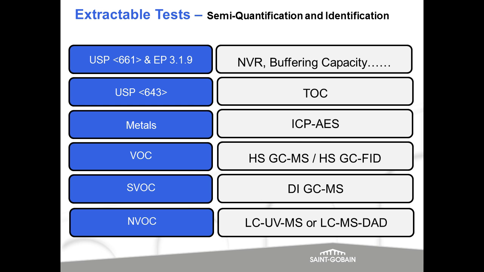Again, it's a good gross extractable test to really tell us if there's something different about the product or the testing. We do metals testing using ICP AES. We do volatile organic compounds using Headspace GCMS and Headspace GCFID. We do the semi-volatiles using Direct Inject GCMS. And then we do the non-volatiles with LCUVMS or LCMS DAD.